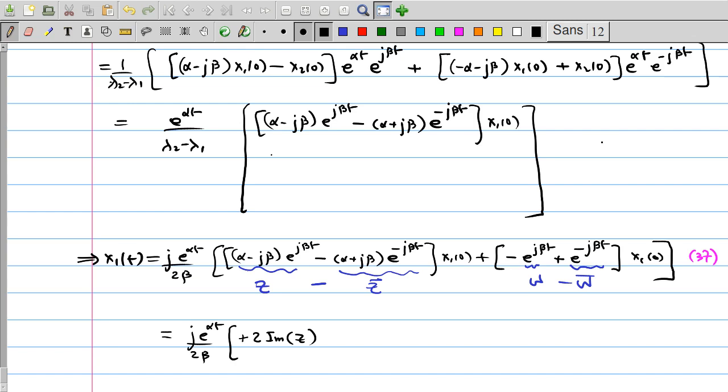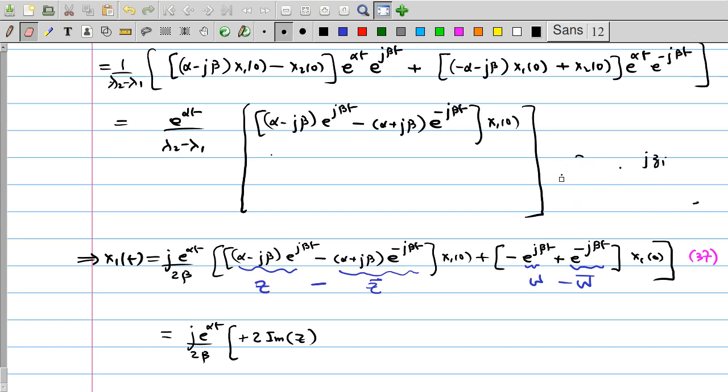I'm not even looking at this whole thing. I just say that z is equal to some zr plus j zi. Then z bar is equal to zr minus j zi, right? Subtract the two together and you get 2j, so this is correct.